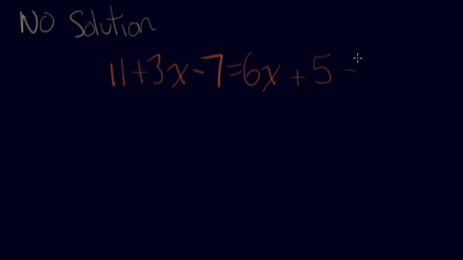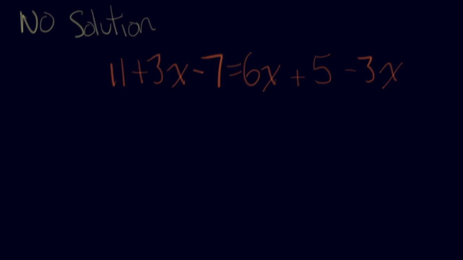So let's take a look at an example of 11 plus 3x minus 7 is equal to 6x plus 5 minus 3x. When you first glance at this, you think, oh, okay, this is just a regular old algebra question. My teacher's done it again. And you wouldn't have an idea that this is going to be a no solution question.